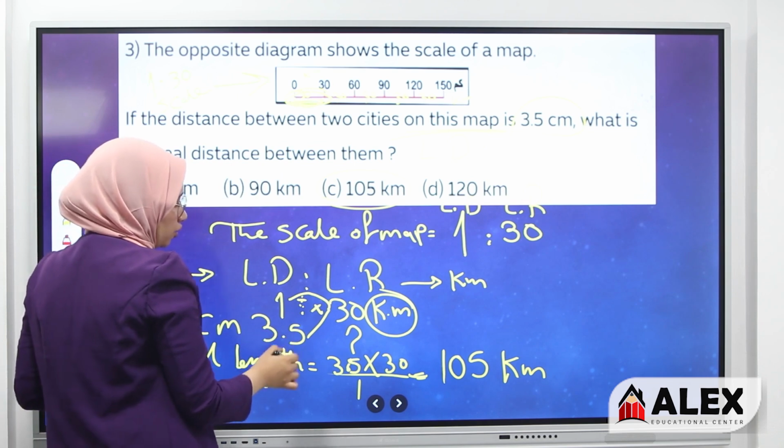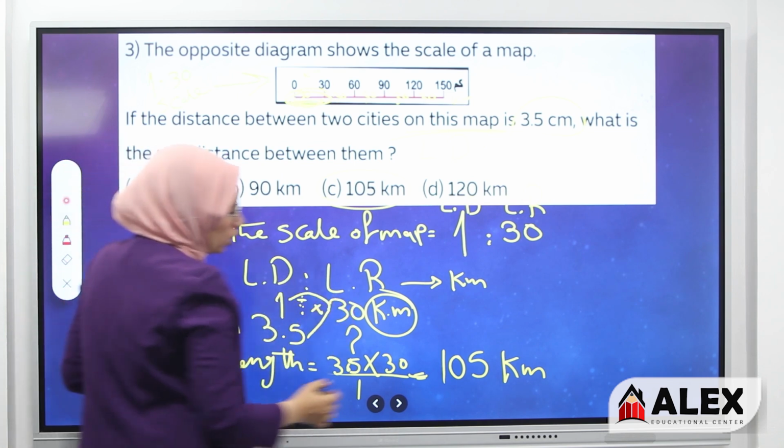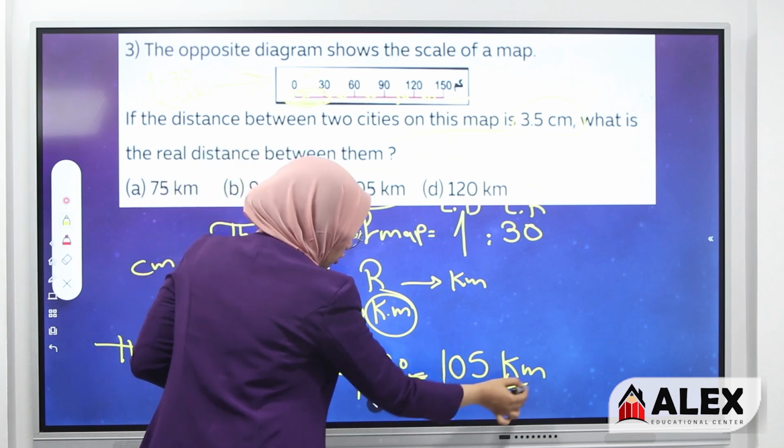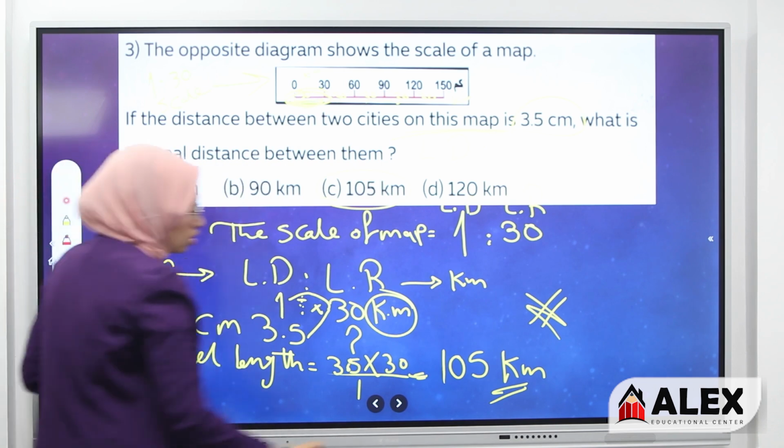Then 3.5 times 30 divided by 1 equals 105 what? Kilometers. And don't forget the unit.